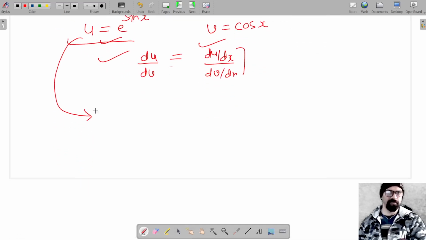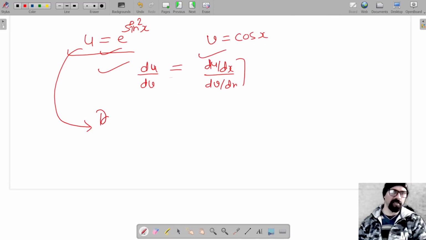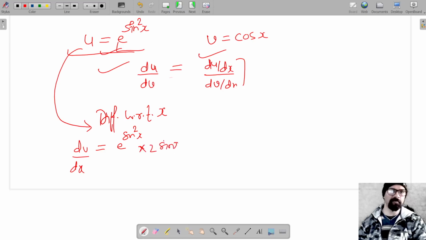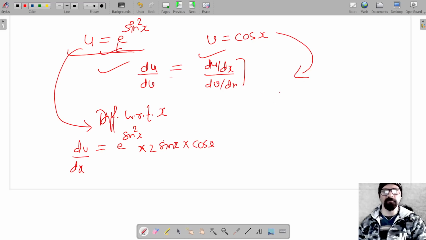So let's differentiate first this one with respect to x. Differentiating this with respect to x gives me du by dx, which is e raised power sine square x, and differentiation of sine square x is 2 sine x, and differentiation of sine x is cos x. So this is du by dx. And differentiating v with respect to x gives me dv by dx is equal to negative of sine x.